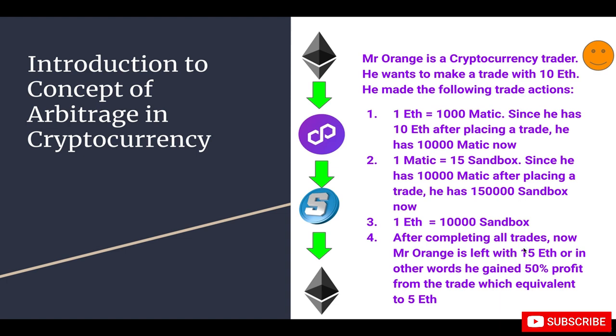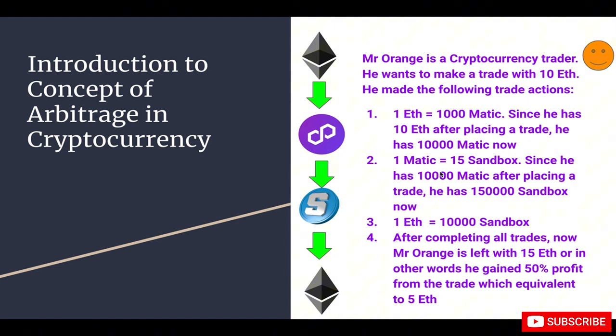And notice that he only invested 10 Ethereum. He began trading with 10 Ethereum, and now without doing anything besides trading, without adding any value or doing extra work, after completing these 3 trades, he is left with 15 Ethereum. So in other words, he generated 5 Ethereum as profit, a 50% profit after completing all 3 trades.